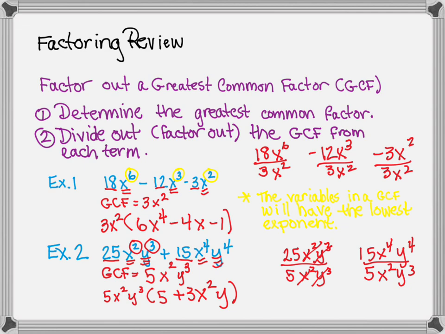And we took 15x to the 4th y to the 4th, divided it also by 5x squared y cubed. 15 divided by 5 is 3. X to the 4th divided by x squared was x squared. Y to the 4th divided by y cubed is y. So factoring out the greatest common factor, we have 5x squared y cubed times the quantity 5 plus 3x squared y.